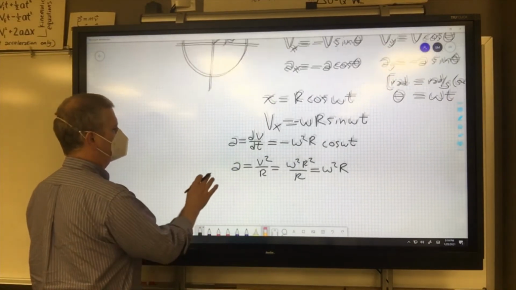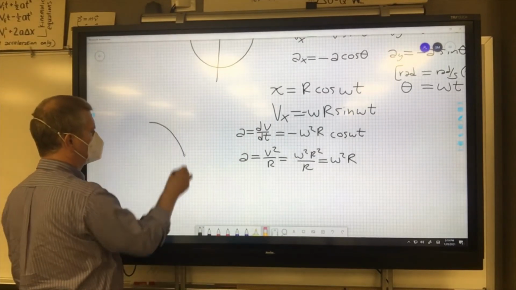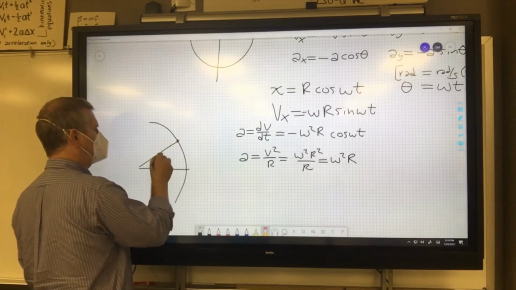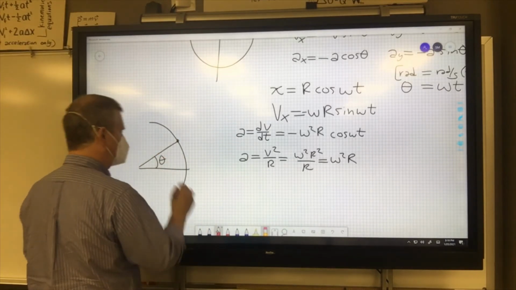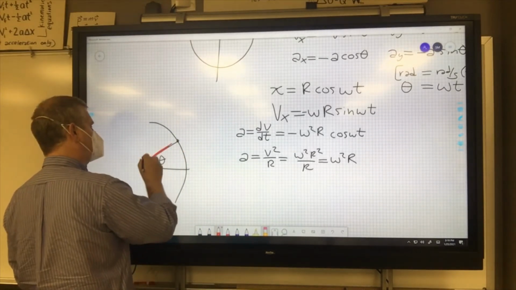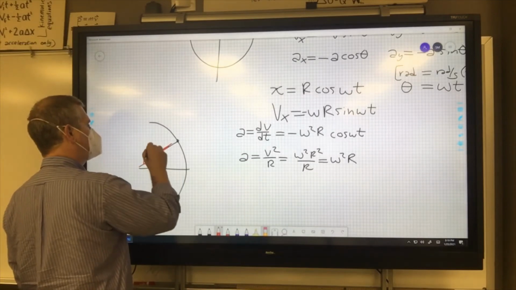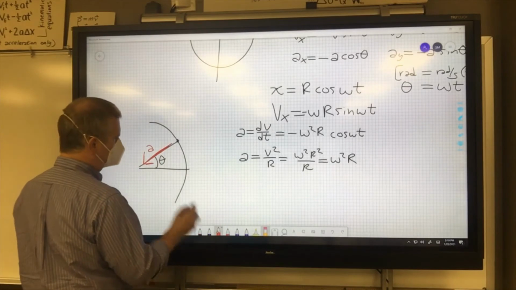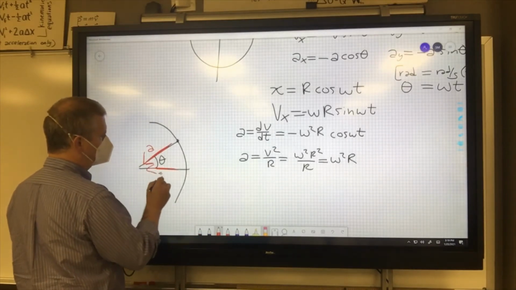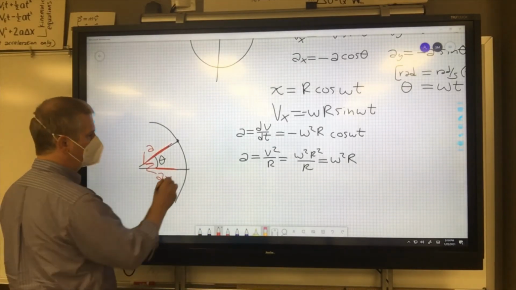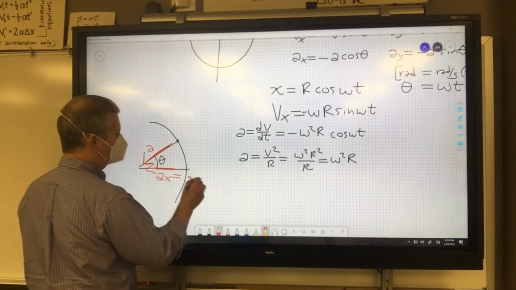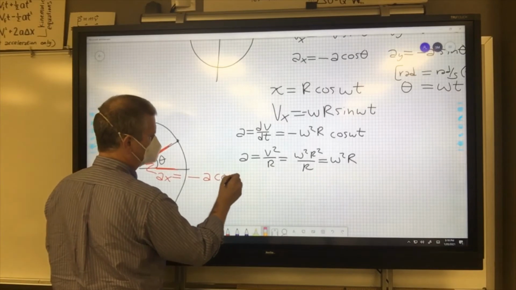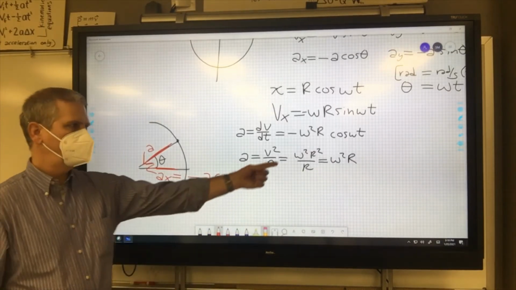If we have our circle, and we have a position right here, where that's theta, then isn't our acceleration towards the center of the circle? And if this is theta, then this would be our acceleration in the x direction, which would equal, in the negative x direction, a times the cosine of theta, which fits.